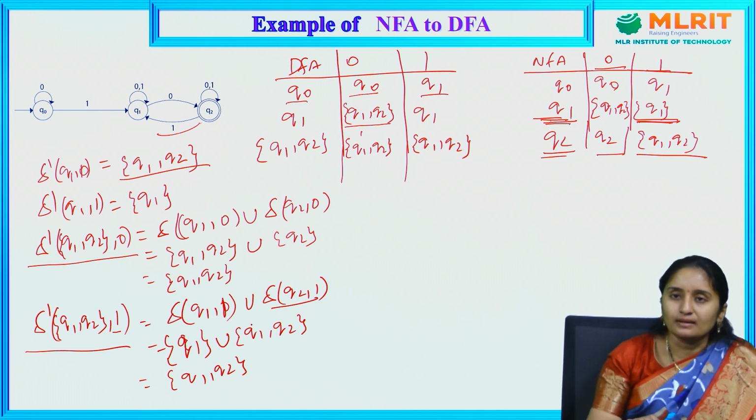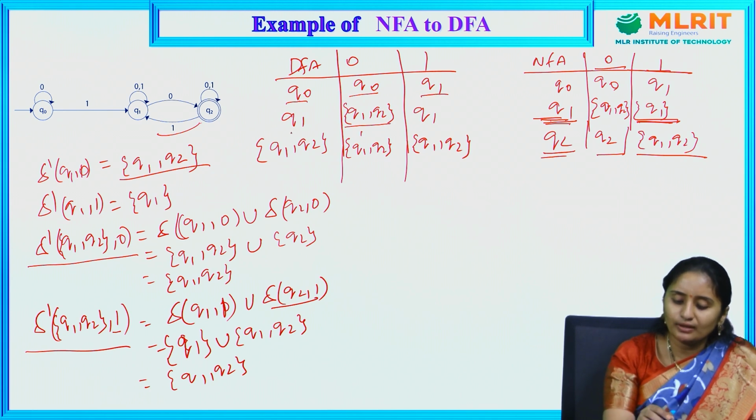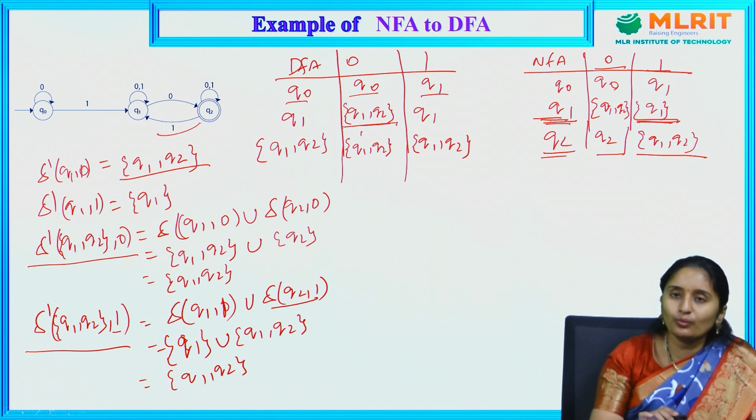So it is done. This is nothing but the construction of a DFA by using the NFA diagram. Q0 is completed. Q1 is the new state. I took Q1 as a state and plotted for 0 and 1 inputs. Applying Q1 on the inputs, a new state was generated, that is Q1, Q2.